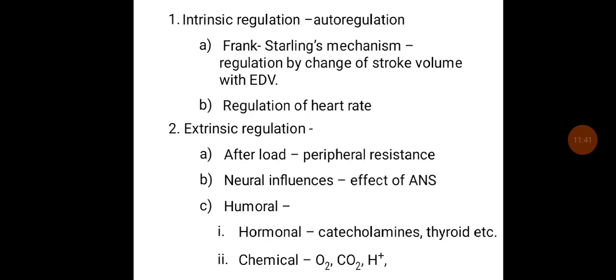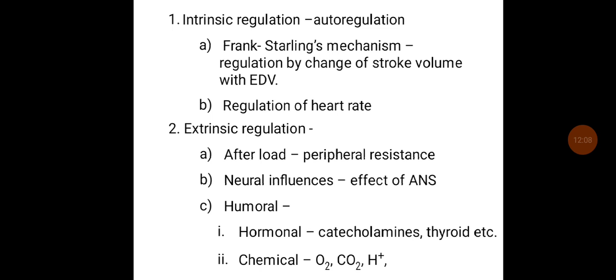Okay, so regulation of the cardiac output can also be discussed as intrinsic regulation or extrinsic regulation. So intrinsic regulation is autoregulation by the heart itself, works on Frank-Starling's mechanism. Okay, so regulation of cardiac output or stroke volume mainly is done by end diastolic volume.